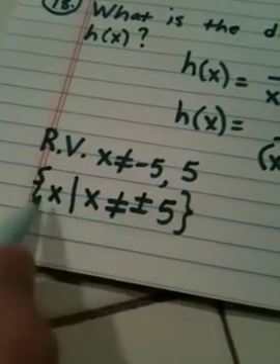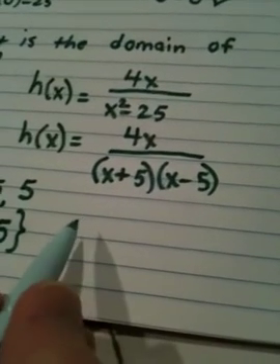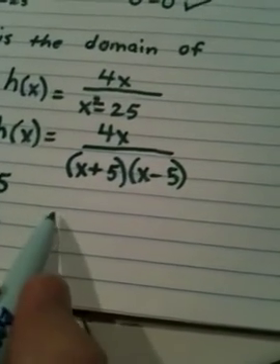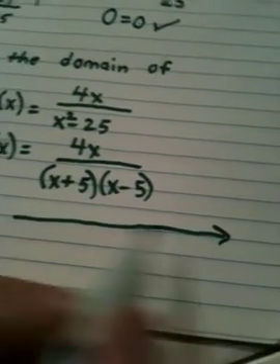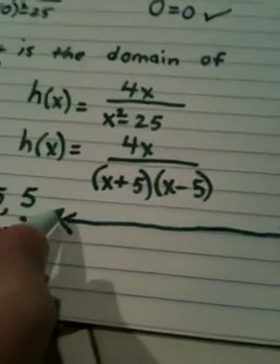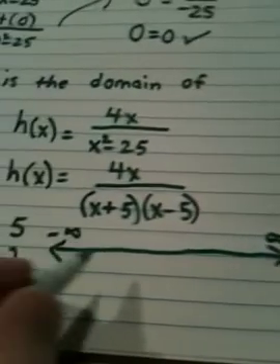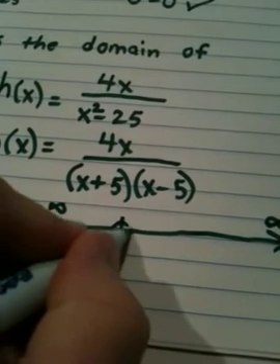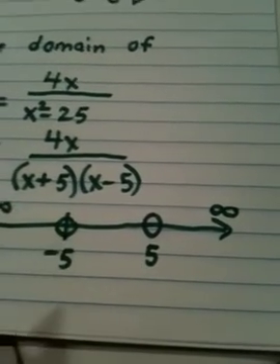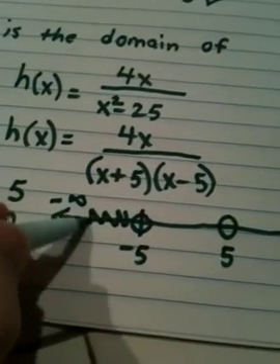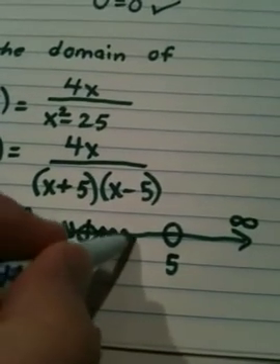Now this is how you can write it in set builder notation, but in case you were asked to write it, let's say on a test, in interval notation, the best way to do that is draw a number line. This, of course, is negative infinity. This is positive infinity. Throw out negative 5 by putting a hole there. Throw out positive 5 by putting a hole there. But everything else is included.